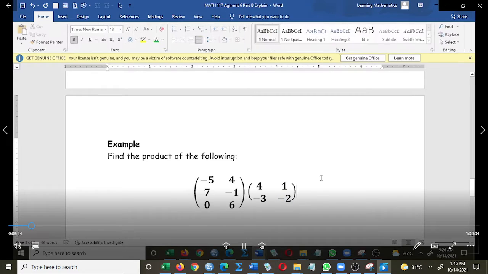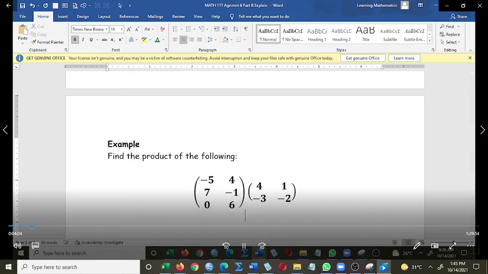As we advise, before you begin multiplying, even though the question did not ask us to do that, it is always wise. If you don't do it, I will not penalize you because the question didn't ask for that. It just said to find the product. But it is good practice to first determine if multiplication is possible.